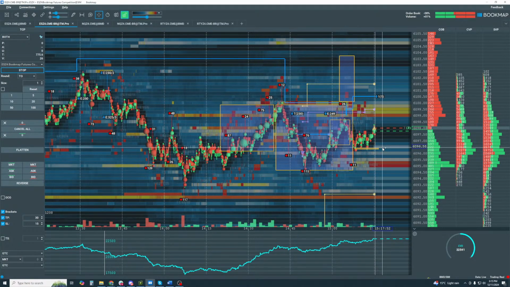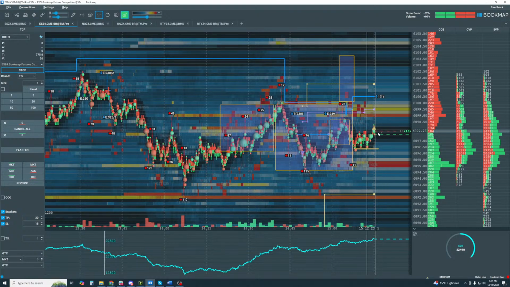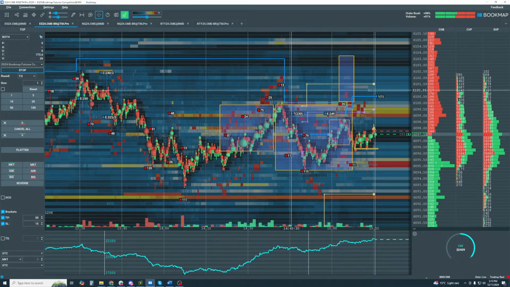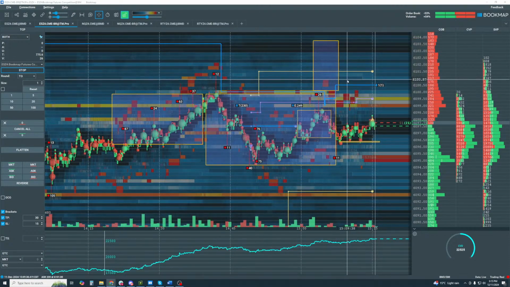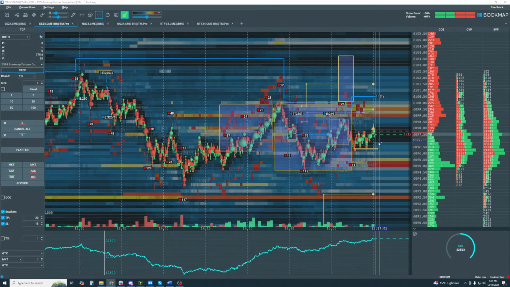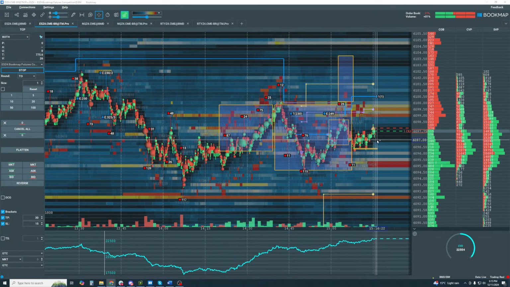And if we do see that, then we'll reconsider the entry here. But yeah, so far the chart is telling us we are wrong.